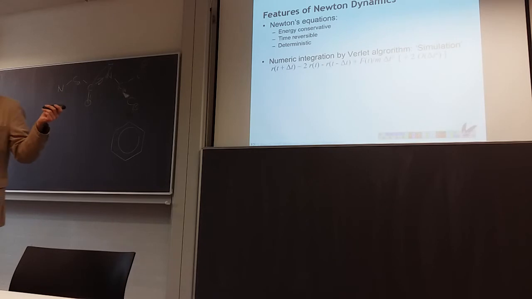In our simulations, it's even worse because we don't have the proper physics. We have a numerical approximation of calculating the time evolution of the system. So in addition to the intrinsic things, we have the numerical errors that accumulate.